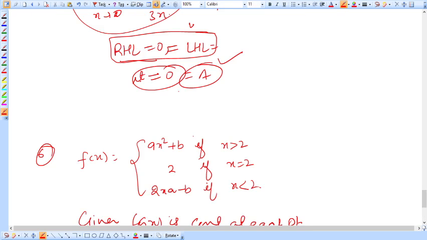देखो, you can check it by yourself that value of f of 2 is 2.